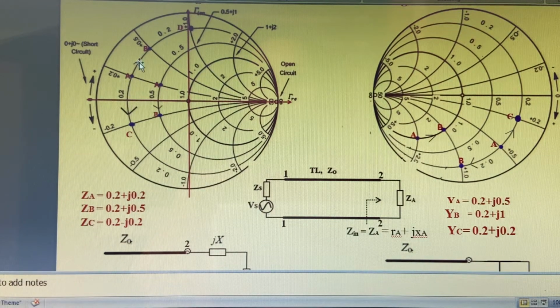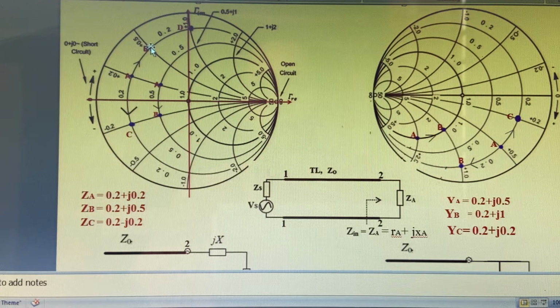This is the resistance circle passing through the point A. If you move from point A in the clockwise direction like this to the point B or to the point D. For example, if from point A we moved along the resistance circle to reach the point B, now at this point the impedance is 0.2 plus j0.5.